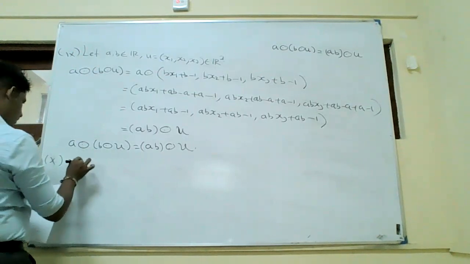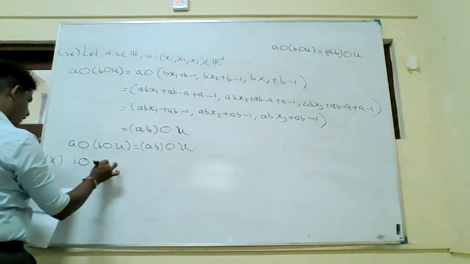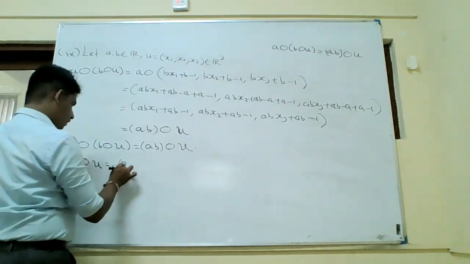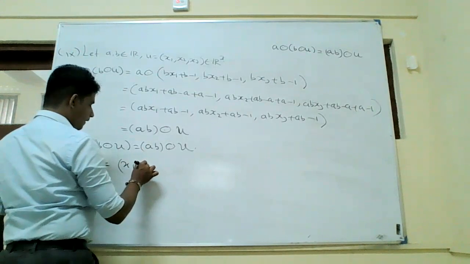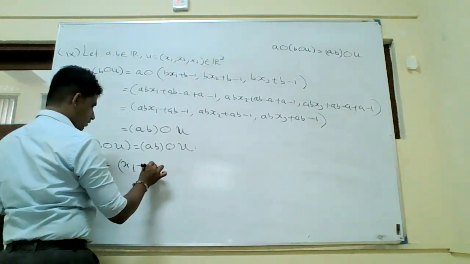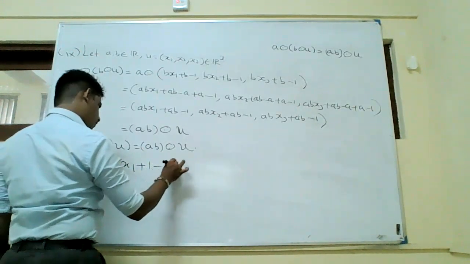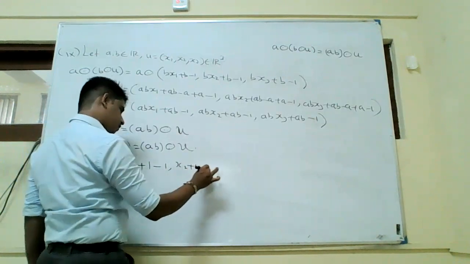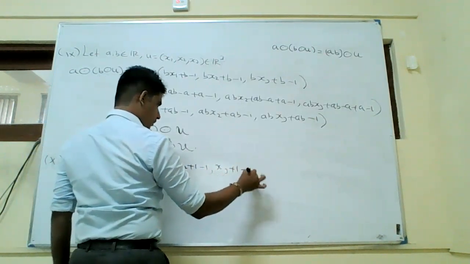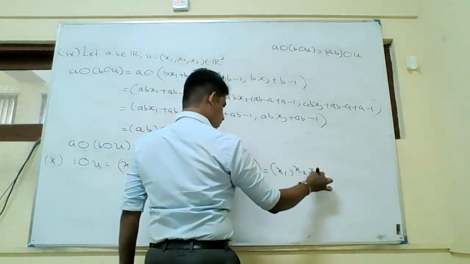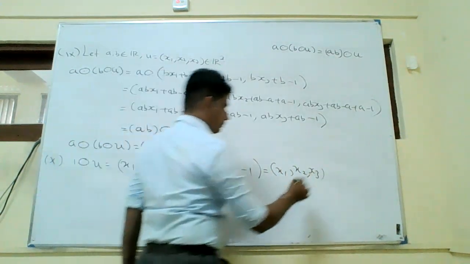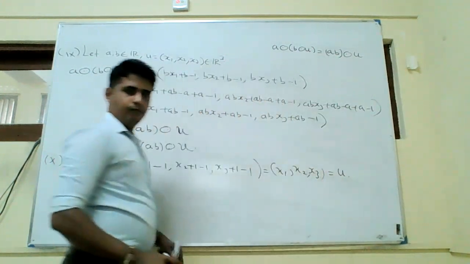Taking one scalar multiplication of this vector u, you get 1·x1 plus 1 minus 1, x2 plus 1 minus 1, x3 plus 1 minus 1, then you get x1, x2, x3. This is your u. It is your u.